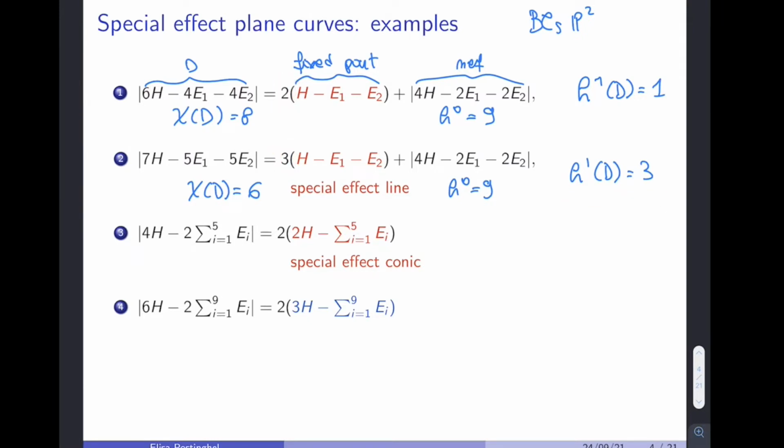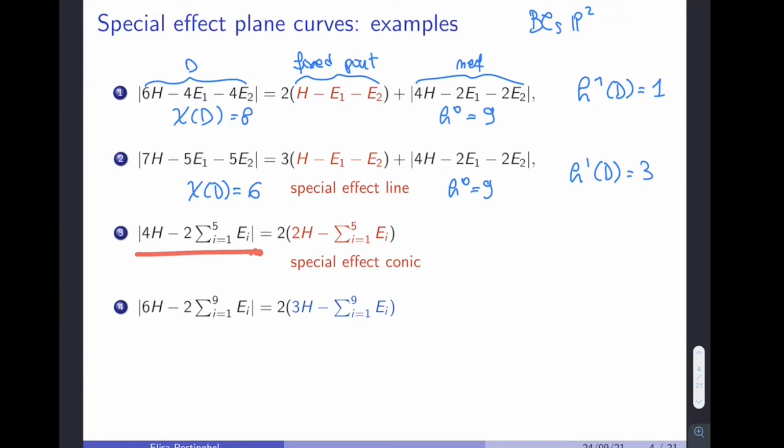And so what we're looking at is what we call a special effect line. So a line through 2 points is a special effect variety. Also, a conic through 5 points is a special effect variety. And, well, we can give as many examples as we want, but the easiest one is to consider quartic curves with 5 double points in general position.